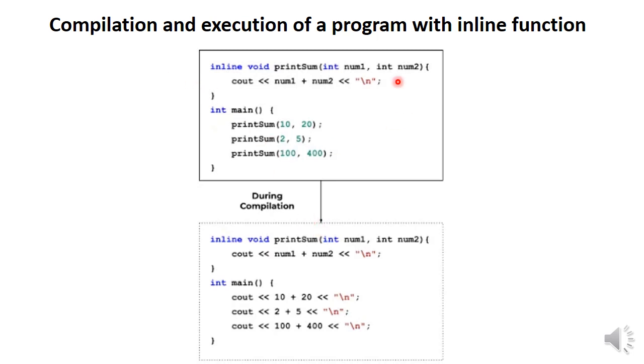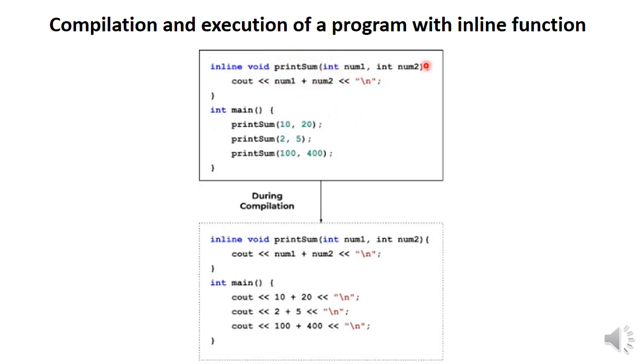So we can use this diagram to see what does happen during a compilation. Here we have a C++ program containing an inline C++ function, because we have the inline keyword here. The C++ function is called print sum.